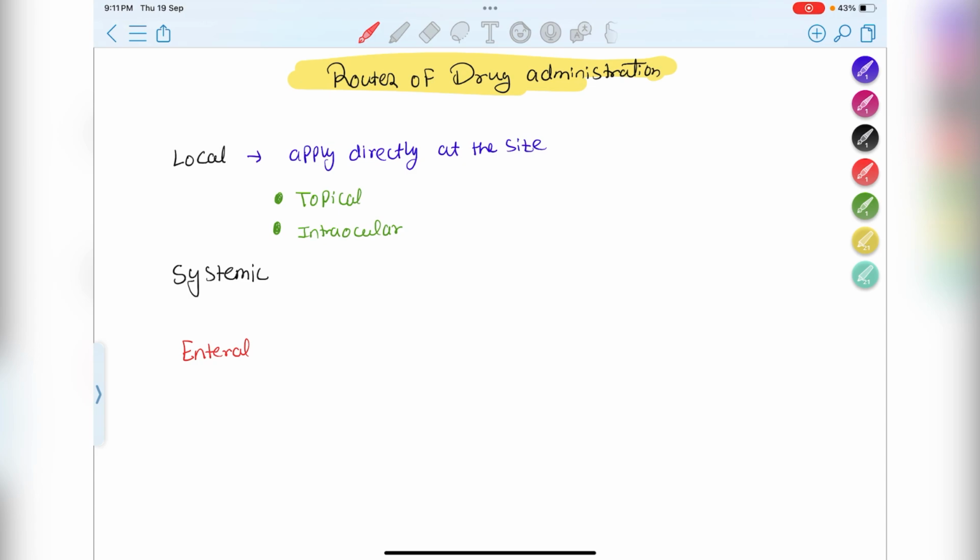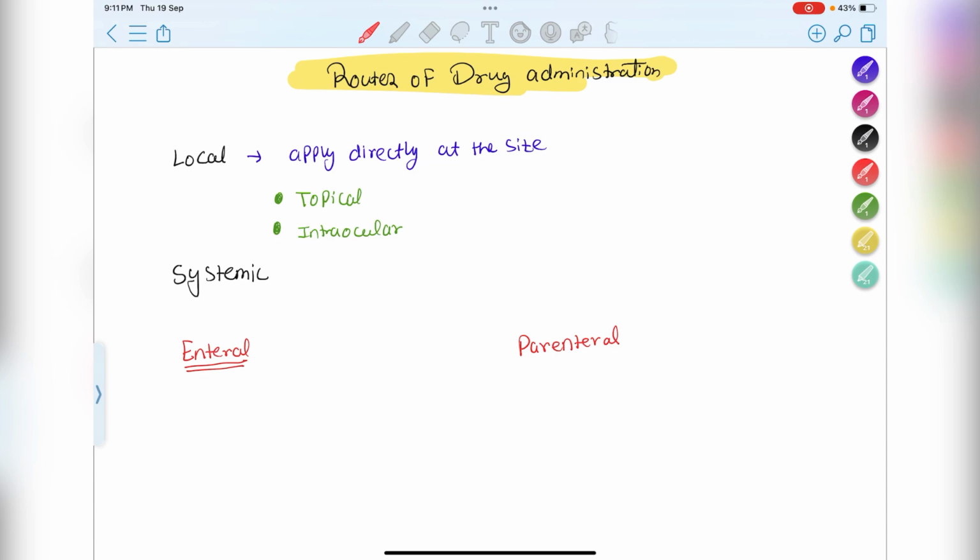Enteral means the drug will go and reach your intestine or GI tract. And parenteral means the drug will not go into your GIT, it will be in injectable form.